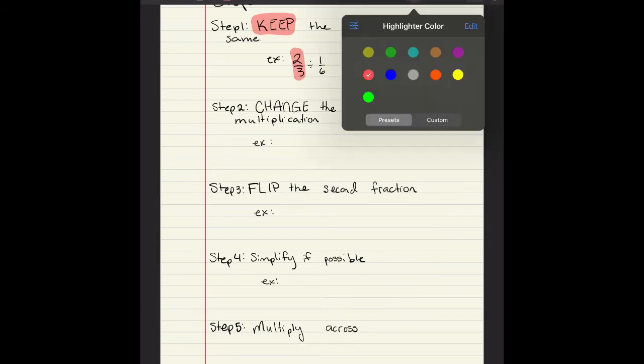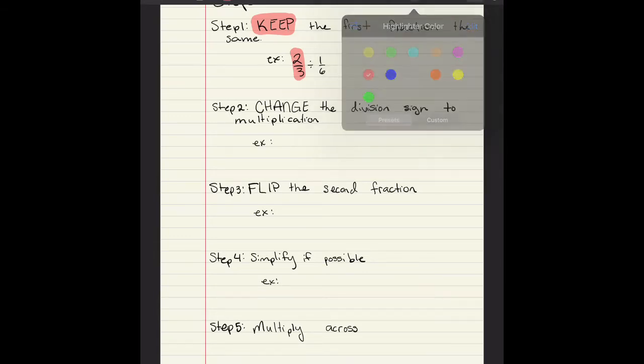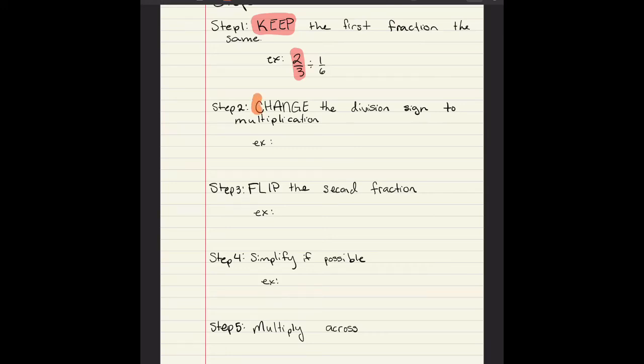Next we have step 2, which is to change the division sign to multiplication. So change is our key word here. And we're working with the same example of 2/3 divided by 1/6 equals. I'm actually going to rewrite step 1 and include my 2/3 up here, and I'm going to highlight it in red to show that we're keeping it.